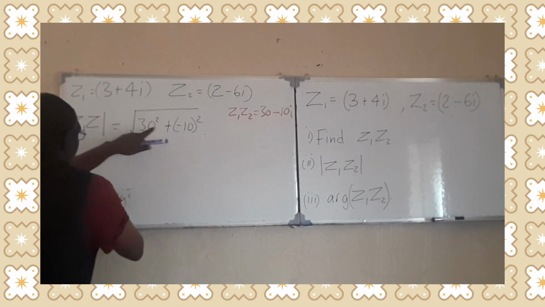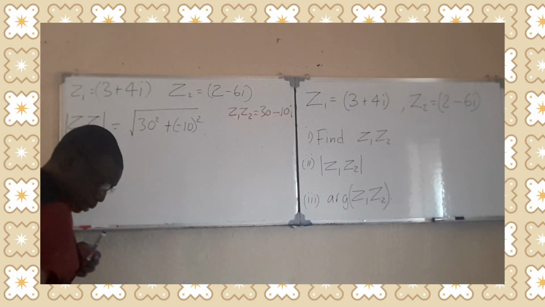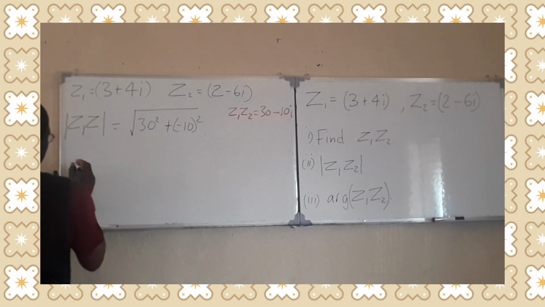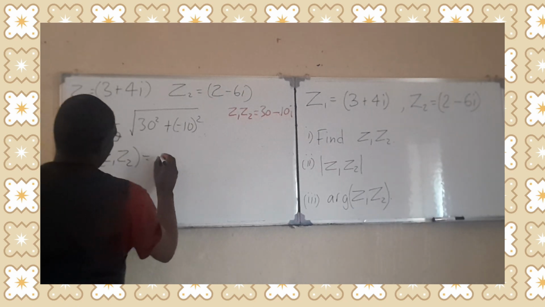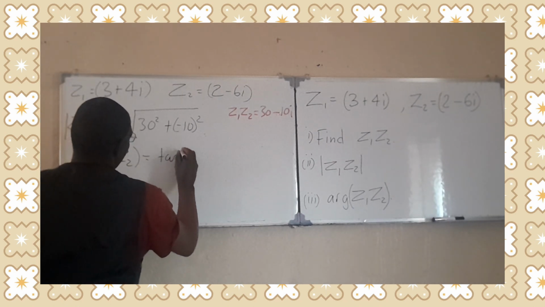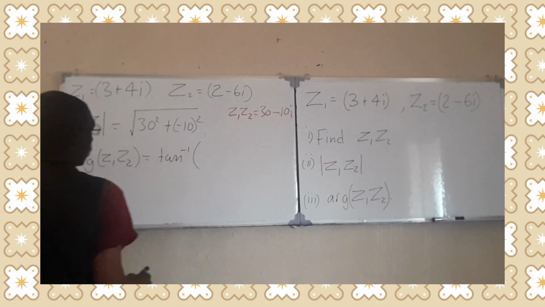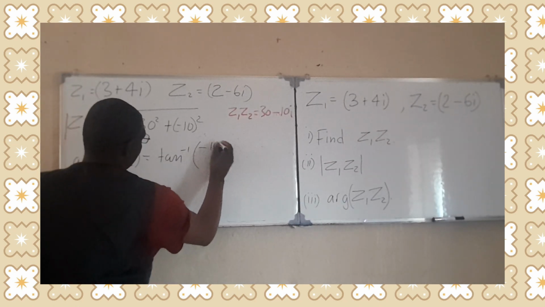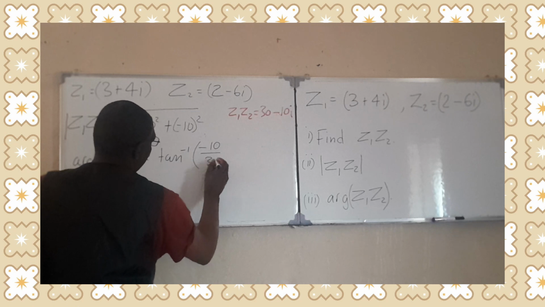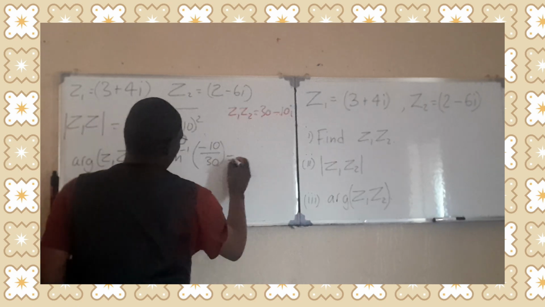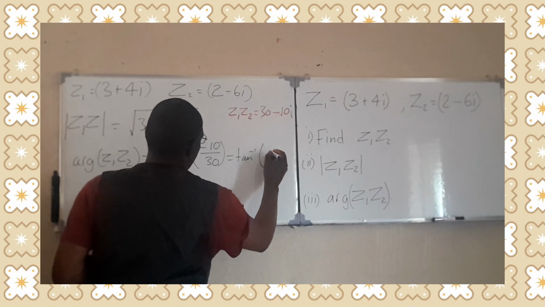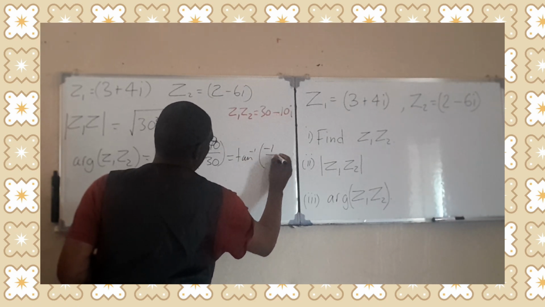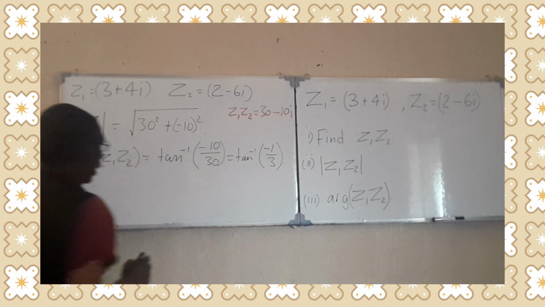Now that we know where we got this from, and how we can calculate our arg z, we can now say arg z1 z2 is equal to the angle, in other words arctan, the angle whose tangent is minus 10 over 30, which of course simplifies to arctan minus 1 over 3.